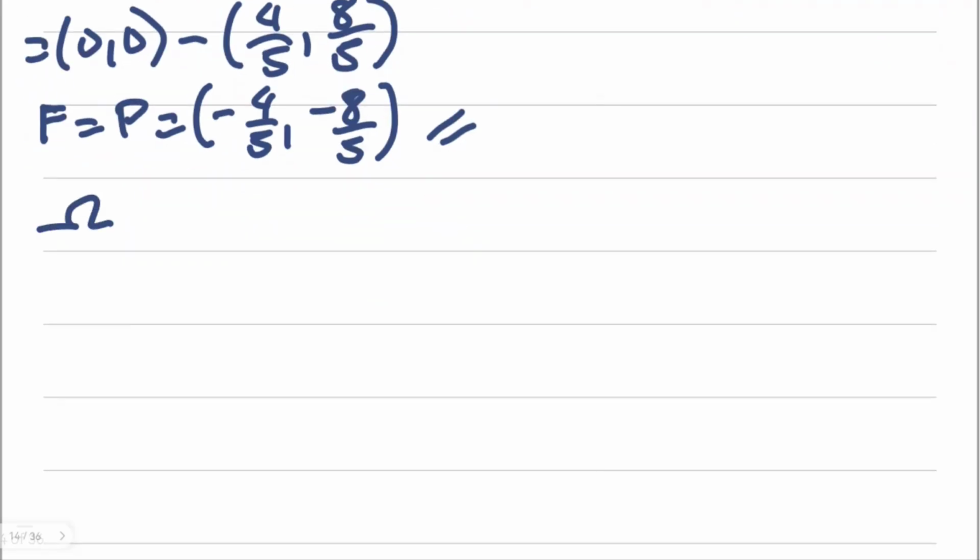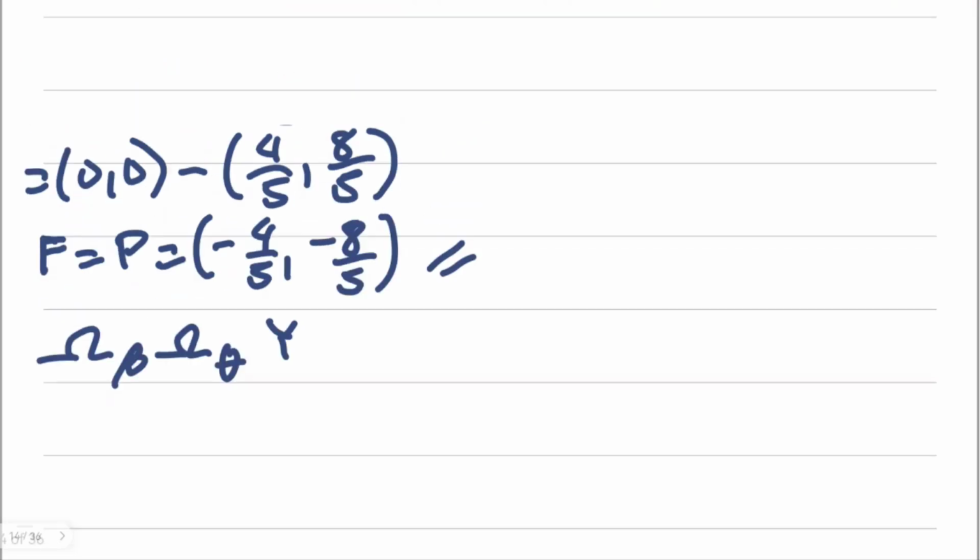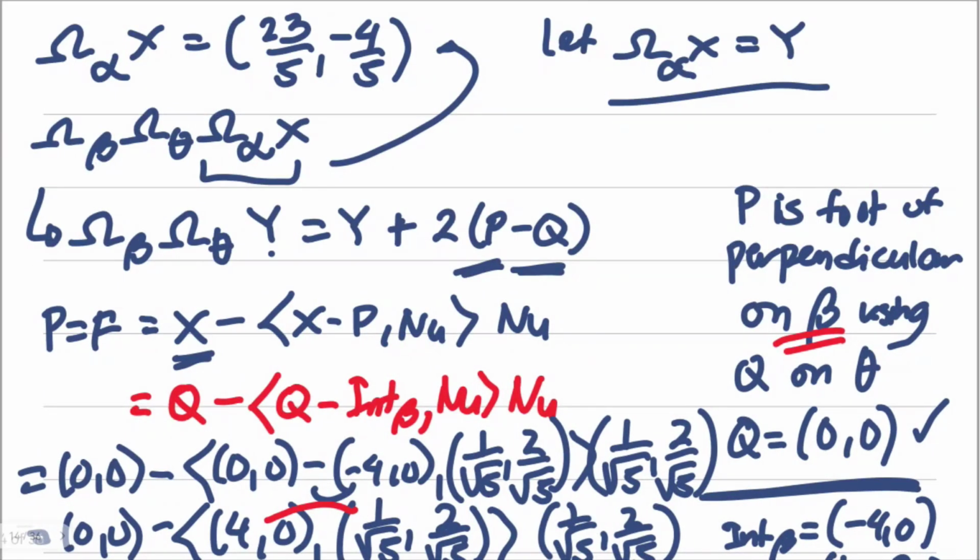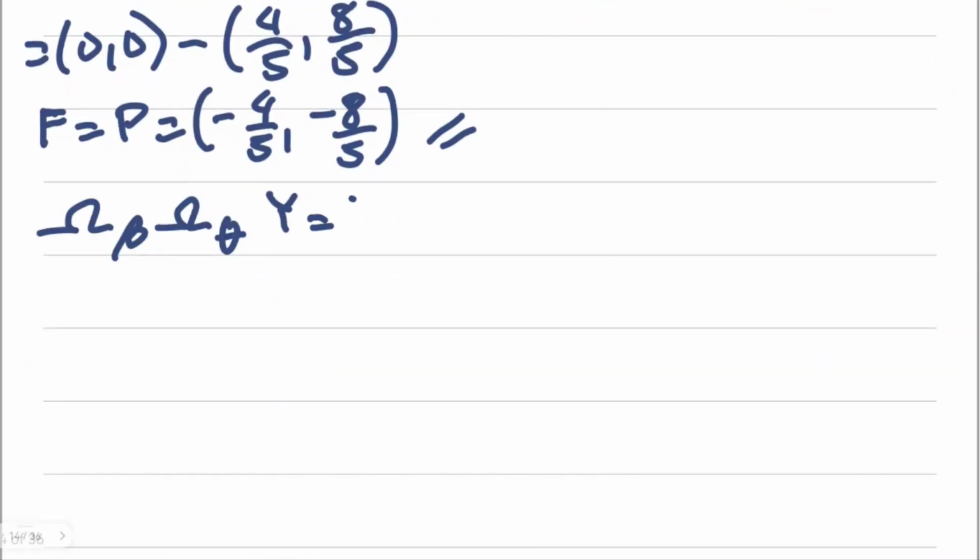This actually stands for this one here, the translation for our theta of our y. Okay, this is the point here: translation along line theta is equal to y plus twice p minus q.